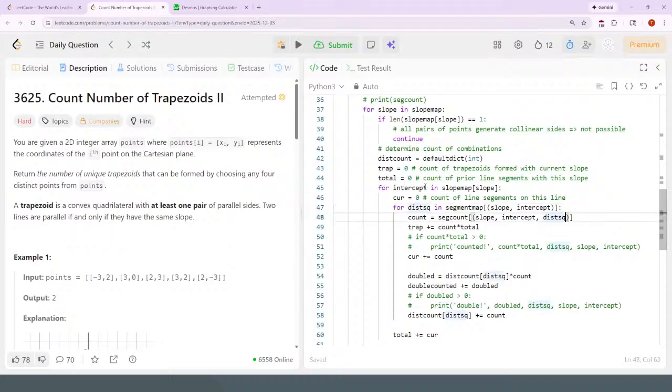And then this is the number of line segments. Number of trapezoids should be the number of things for this line segment multiplied by all the other line segments on the prior lines. Seems right.